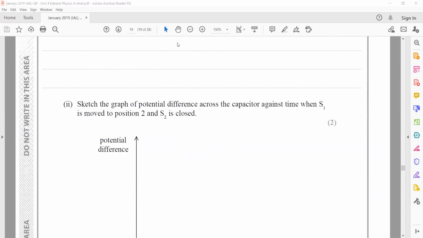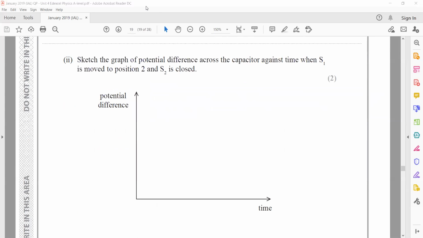So using the reference of the graph, say this is a graph, and this is the reaction time of the student. The voltage should be about 37% of the original value, or the reaction time should be approximately equal to RC.